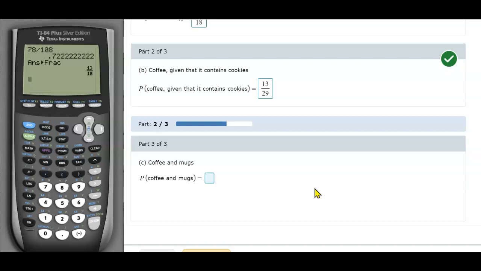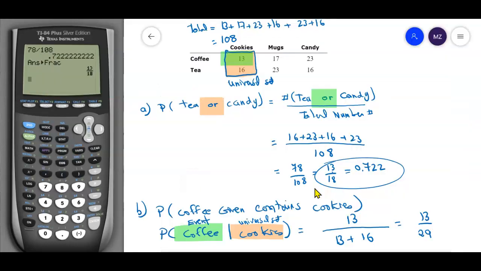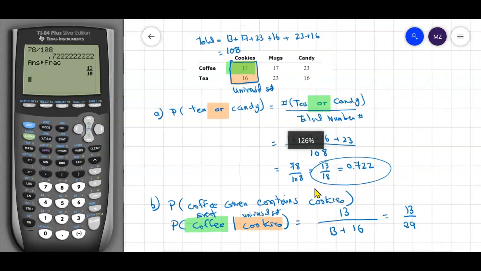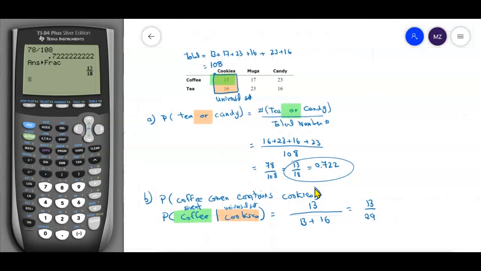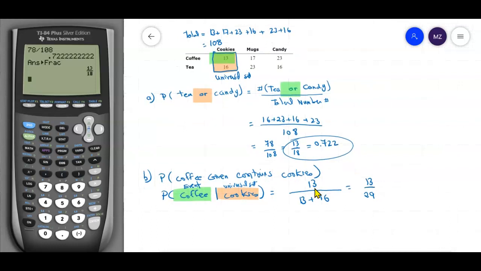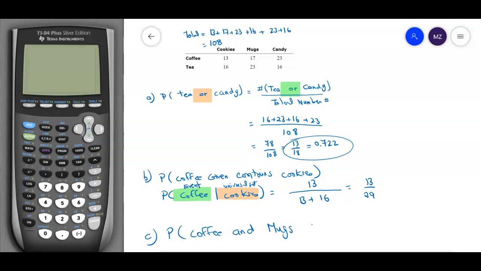So let's go to the whiteboard again. All right, so see here, we are looking for the probability of coffee and mugs. All right, so this is the intersection.